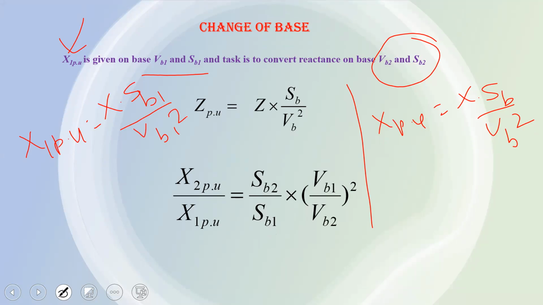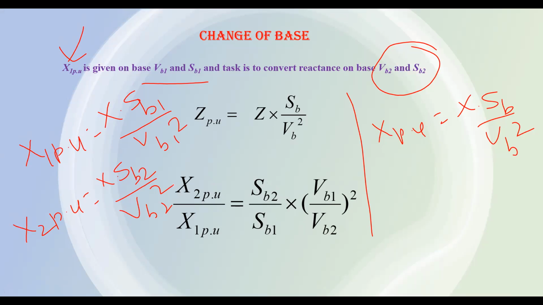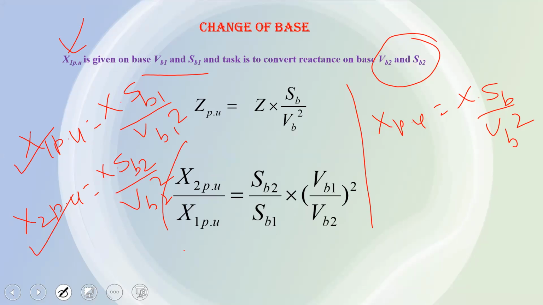And you want this reactance on the new base. On the new base, the reactance will be its actual value into the new base SB2, divided by VB2 square. When you divide these two terms, you will get this expression.